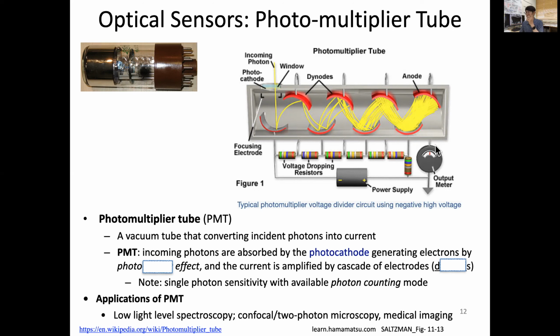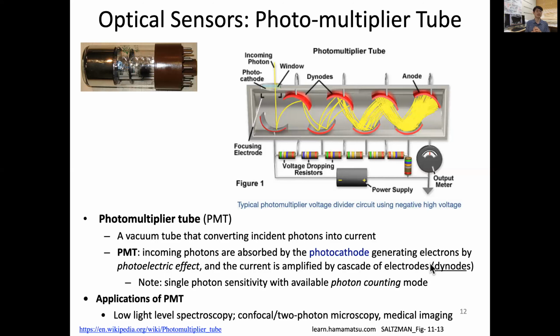And then you collect those photoelectrons. So in PMT, incoming photons are absorbed by the photocathode, generating electrons by, yes, here comes the photoelectric effect. And the current is amplified by a cascade of electrodes. We call these electrodes in the middle dynodes. This is just a historical reason for the dynode name.